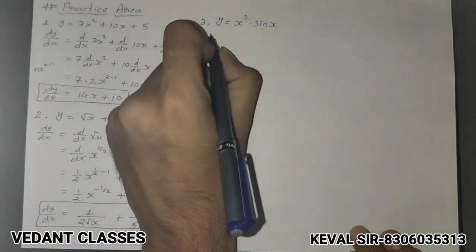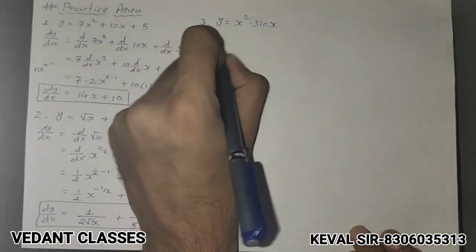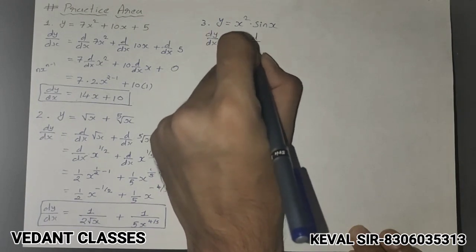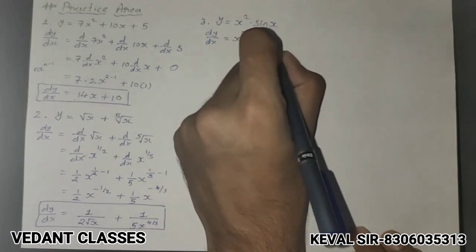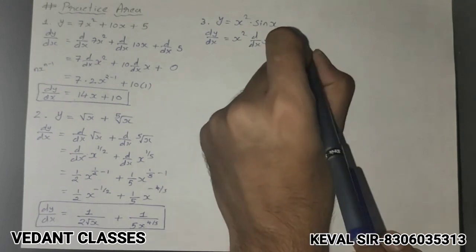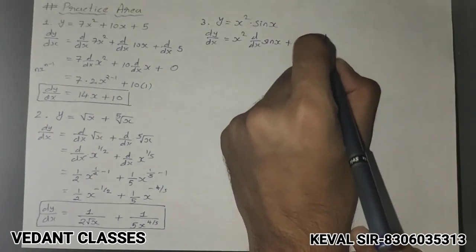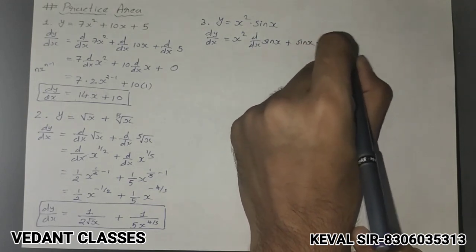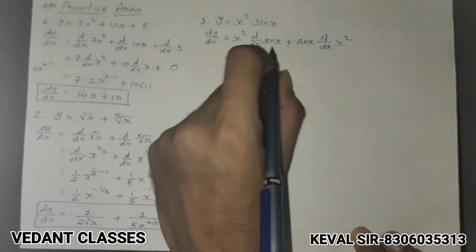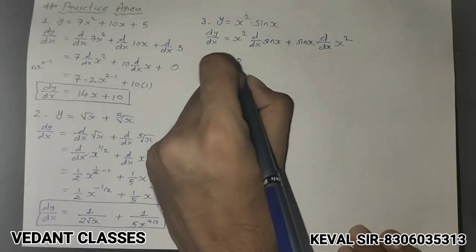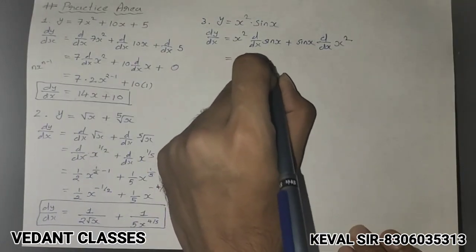Okay, so to find out the derivative of this, first of all we'll keep x square as it is and then d by dx of sin x, then we'll keep sin x as it is and d by dx of x square. Okay, now what is the derivative of sin x? The derivative of sin x is cos x, so it will be x square cos x.